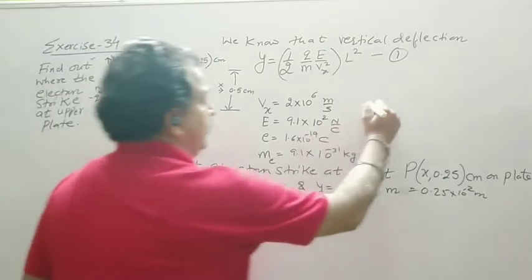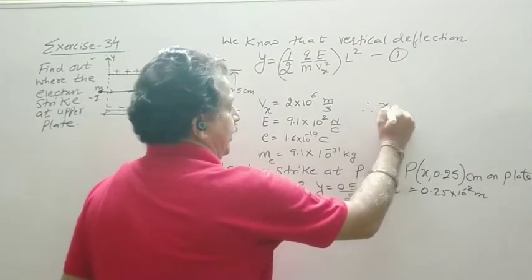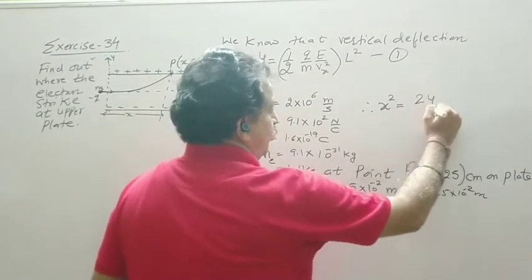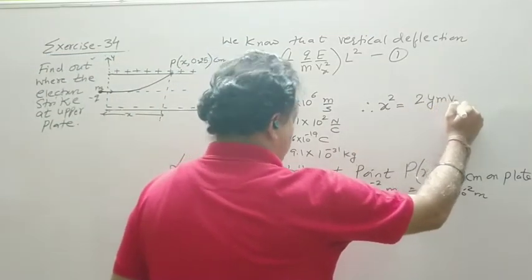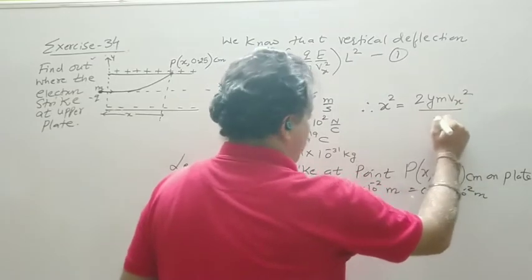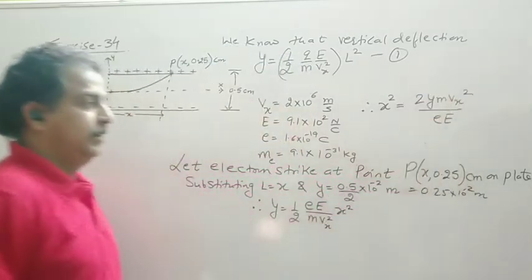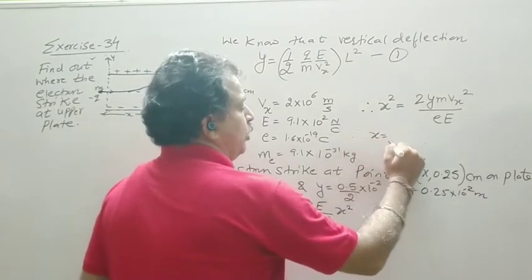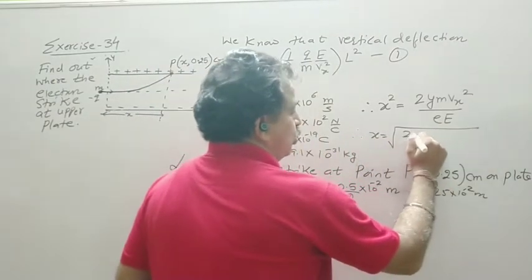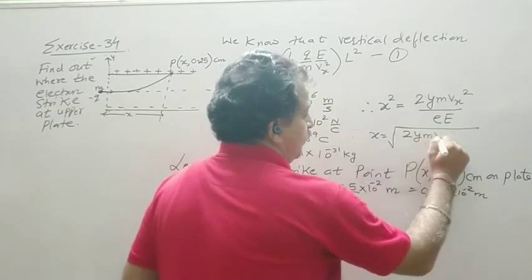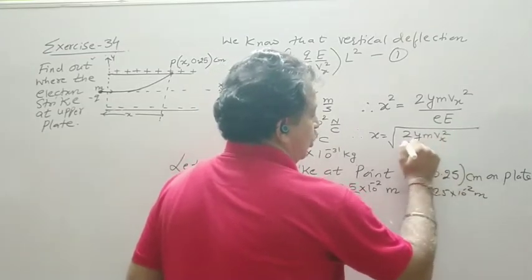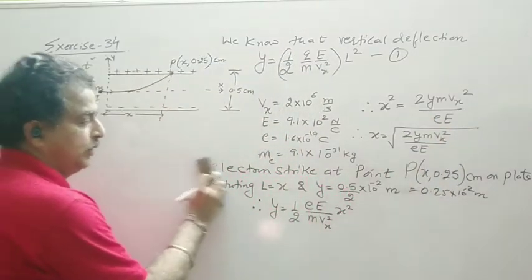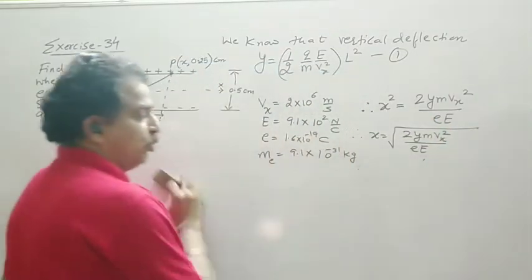And therefore x square is equal to 2y m Vx square upon e, and therefore x is equal to under root 2y m Vx square upon e. All these values are given to us.